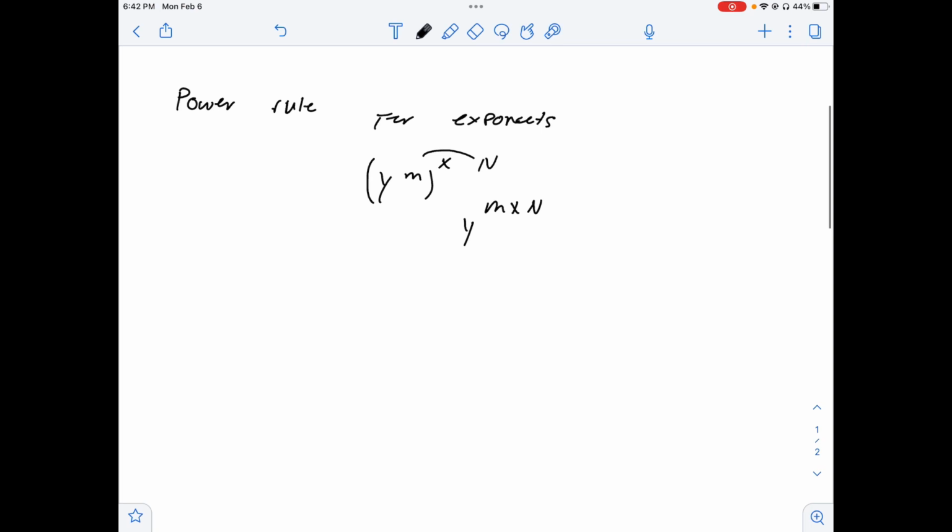For example, if I had y to the power of 6 in parentheses to the power of 2, I would multiply 6 times 2, which equals 12, and keep the y base, which is y to the power of 12.